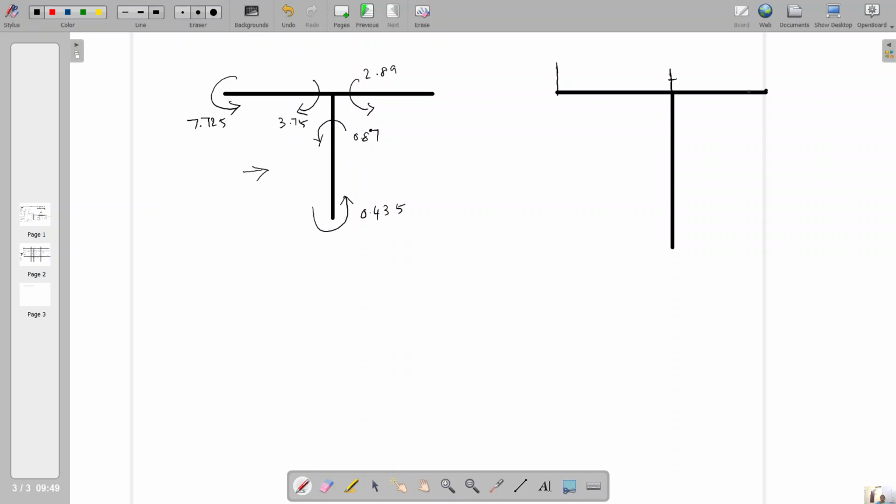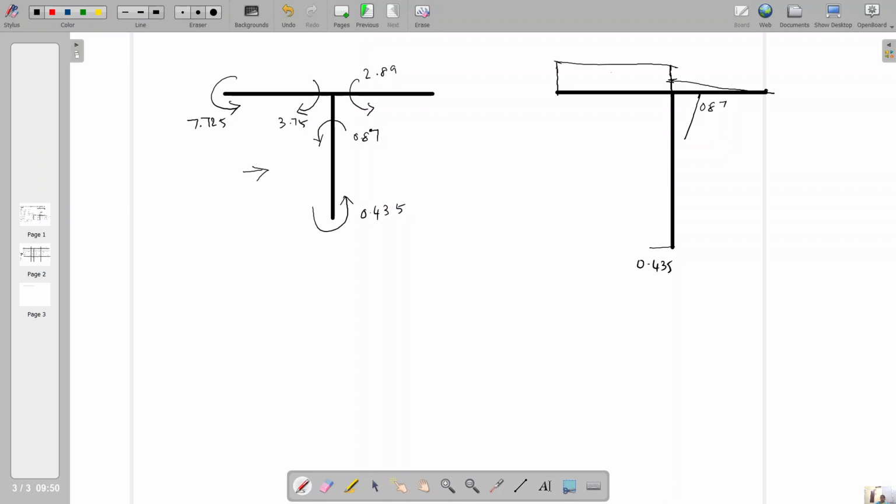Here the moment is 0, and in this direction, the tail's direction, it is minus 0.87. Here it is 0.435. So you connect the points. First 7.725 to 3.75, the topmost point. Next 2.89 to the 0 point.